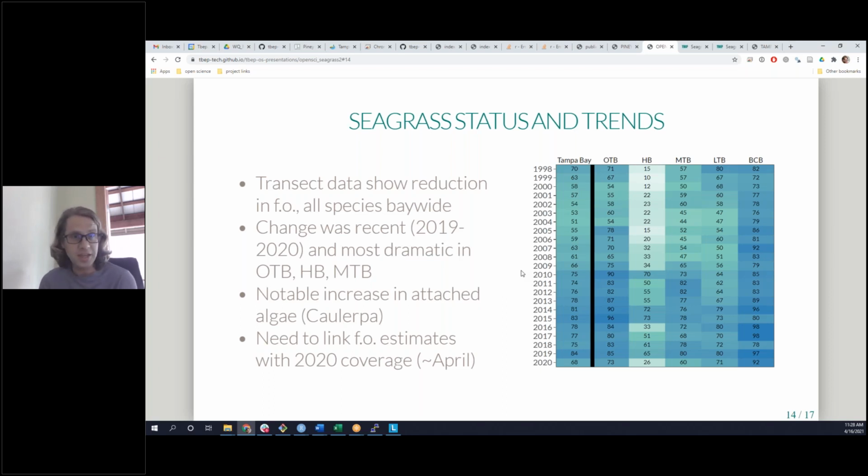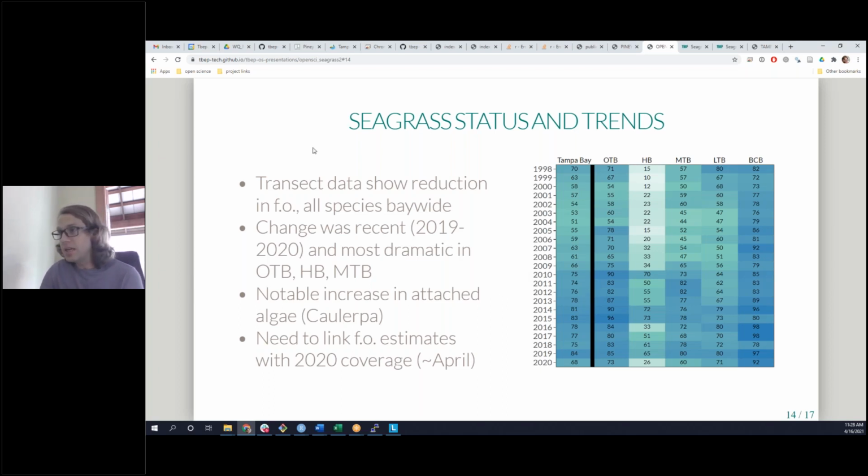These are themes that I think are echoed in some of the other presentations today, but again, I just want to reiterate what we've seen so far, particularly in the last year or two with these recent changes that we're seeing, not only in Tampa Bay, but maybe in other parts of the southwest coast of Florida.